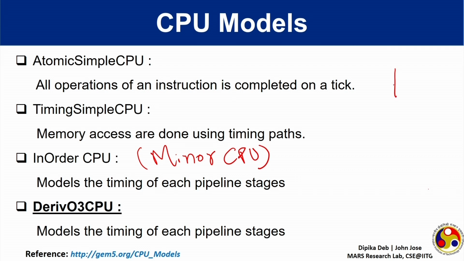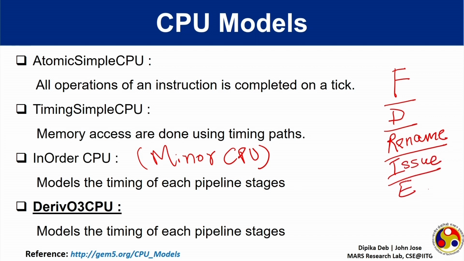On the other hand, the out-of-order CPU is modeled as a 7-stage pipeline, that is, it has a fetch stage, a decode stage, a rename stage, an issue stage, execute, write back and commit. Here the program fetch occurs in order, the execution occurs out of order and the commit occurs in order.